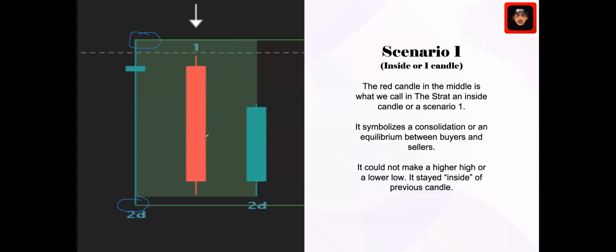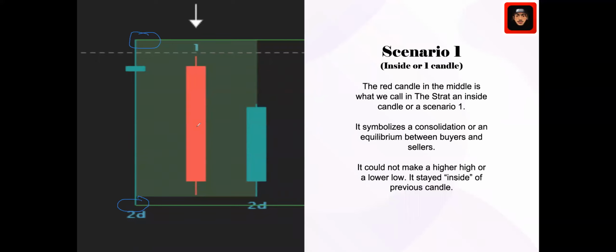In other trading systems, this is referred to as a balanced market, when price isn't making a higher high or a lower low. A lot of times price consolidates before it breaks out.